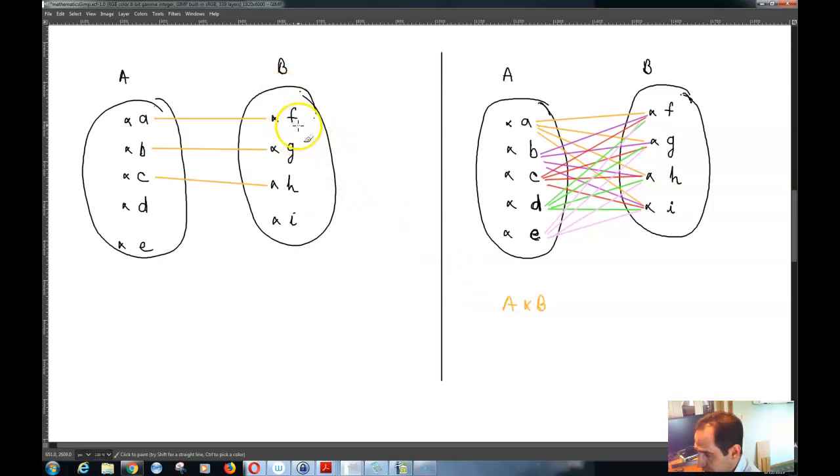So for example, you can call F the image of A, you can call G the image of B, you can call H the image of C, but you cannot call I the image of anything, because there is no relationship between any of these elements over here and I in the second set. So I is not the image of anything in this whole scenario over here.